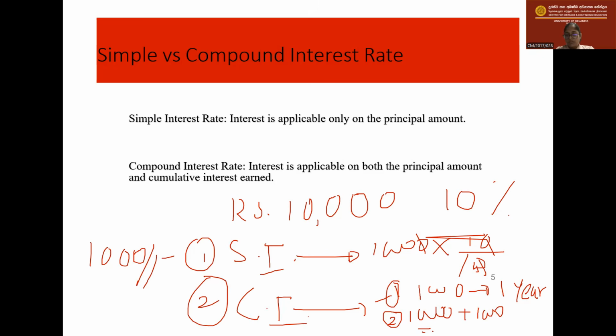Therefore, what is our total amount? 11,000. For this 11,000, apply the relevant rate. What would be the relevant interest for that particular second year? It's 1,100. This is the interest for the second year. Clear? Right? Have a look at that.